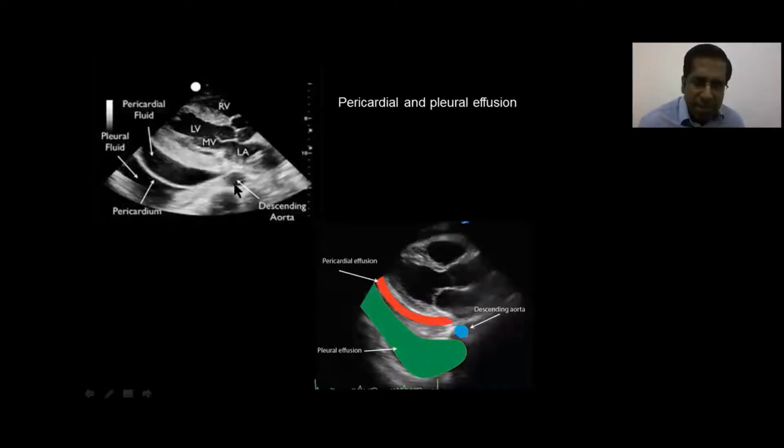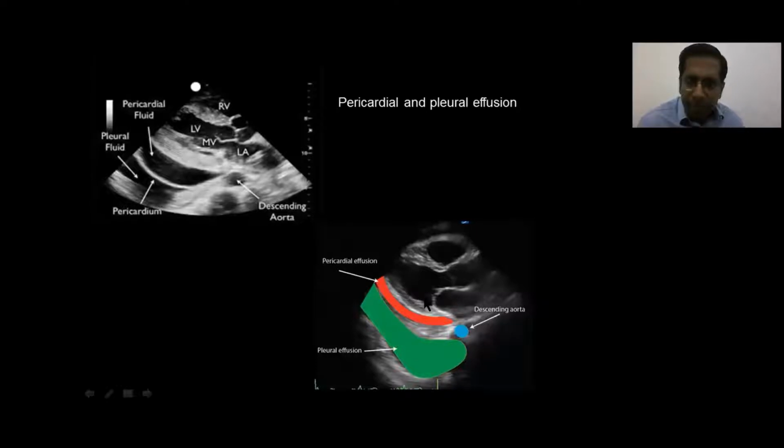This is the descending thoracic aorta that you see here. And you see that the pericardial reflection ends here. So whatever fluid comes in this particular space would be pericardial fluid. And whatever lies behind the aorta, extending beyond, that would be pleural effusion, as has been shown pictorially in this lower right panel also.